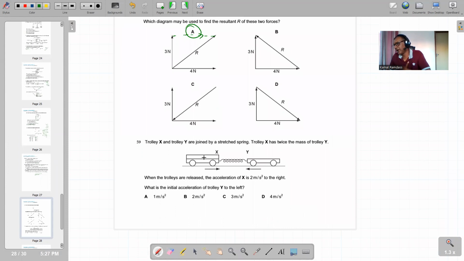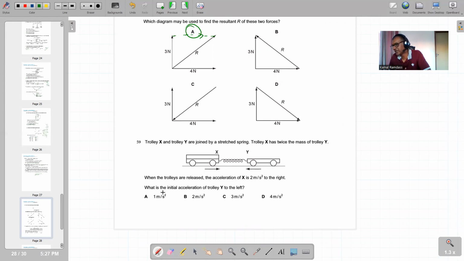Trolley X and Y are joined by a stretched spring. The trolley X has twice the mass of trolley Y. When the trolleys are released, the acceleration of X is 2 meters per second squared to the right.